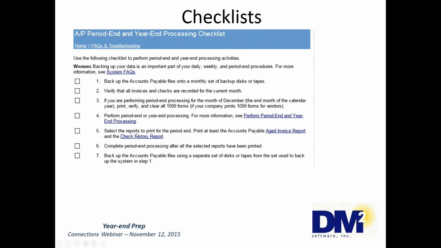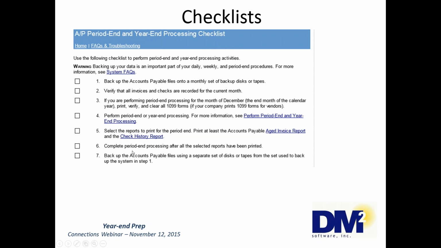Performing the period-end processing, select the reports, and print at least the aged invoice report and the check history report. Again, when you're making your checklist, there's a lot of reports to print, but the most important ones for AP anyway are the aged invoice report and the check history report.